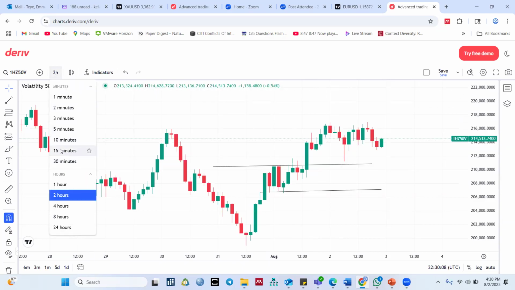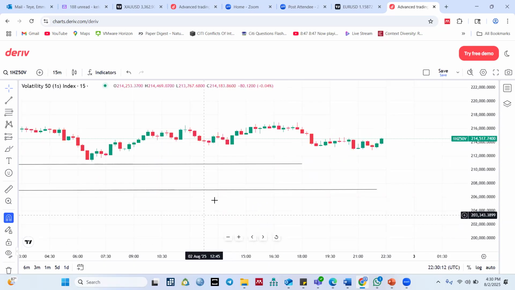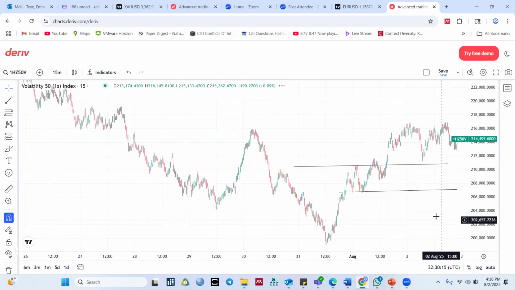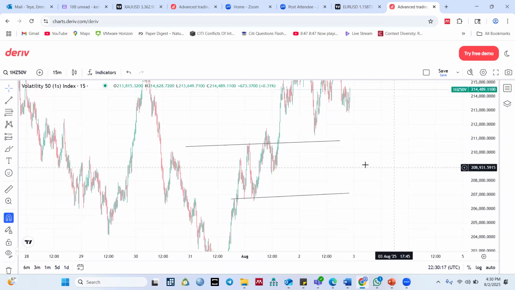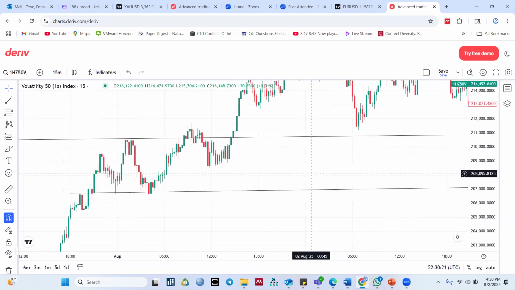This was 2 hours. I can move to 15 minutes and see how that will look on the 15-minute chart. So on the 15 minutes, this is the way it looked.